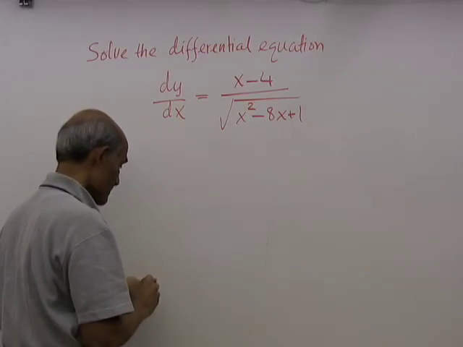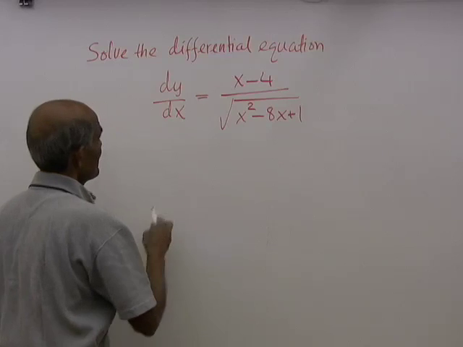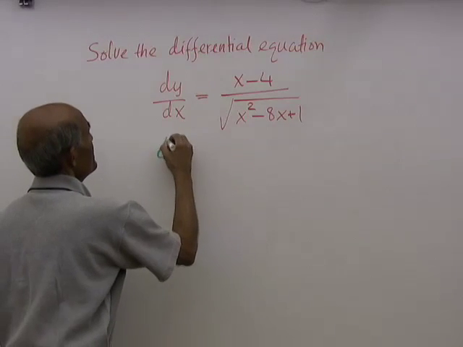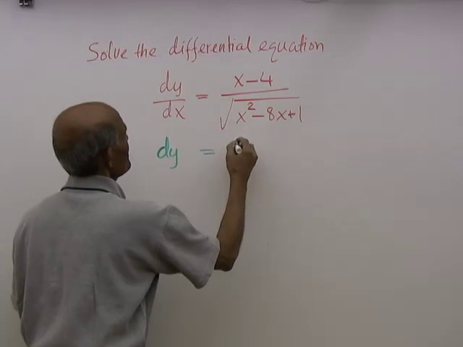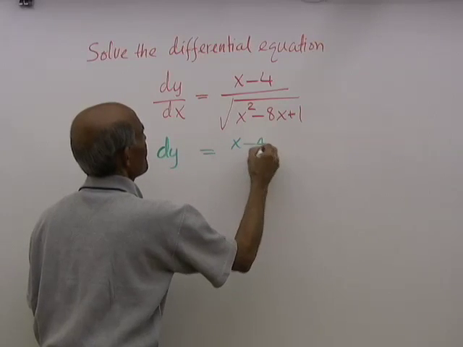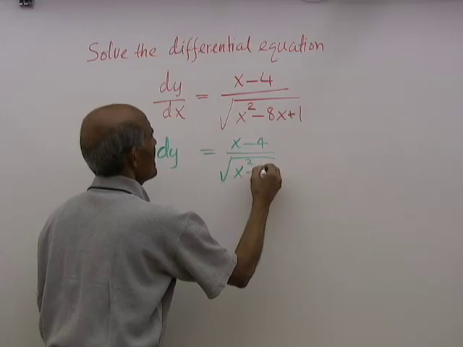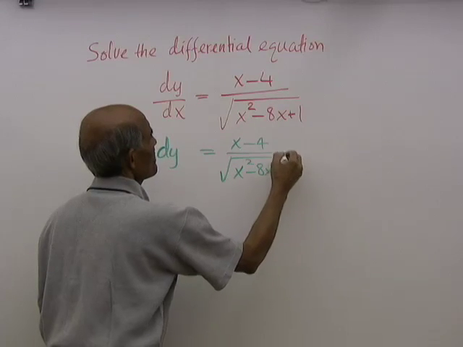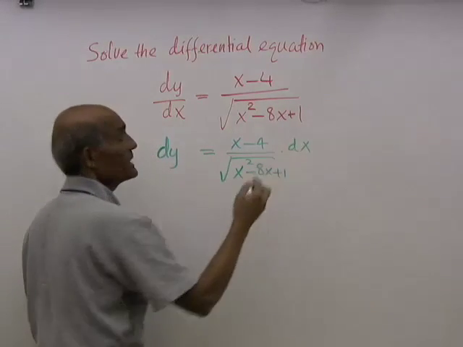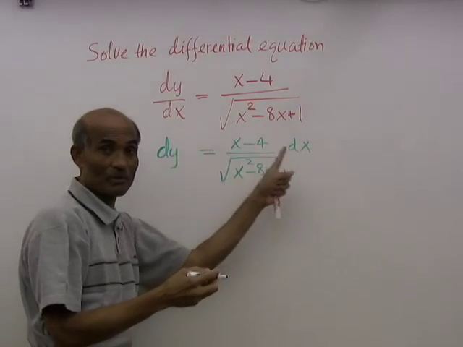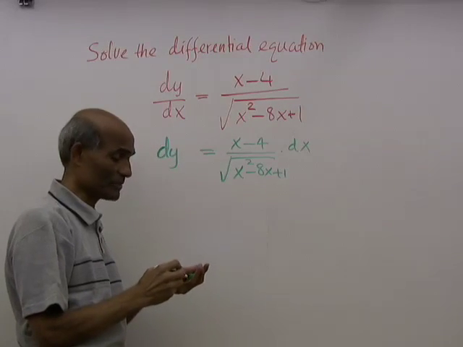That will give dy equal to (x minus 4) divided by the square root of (x squared minus 8x plus 1) times dx. Multiply both sides by dx.